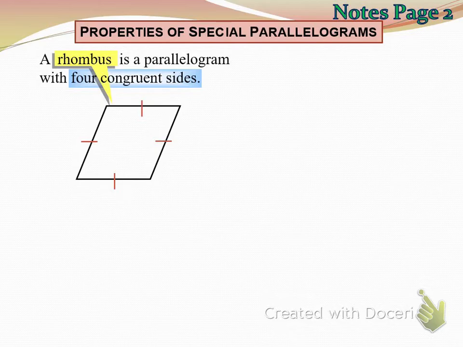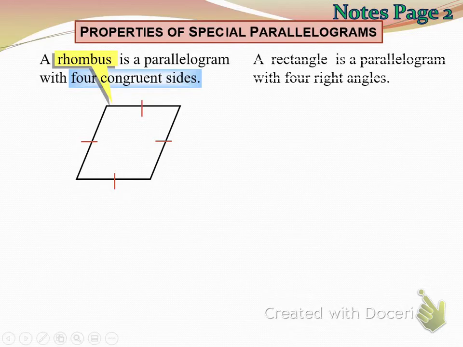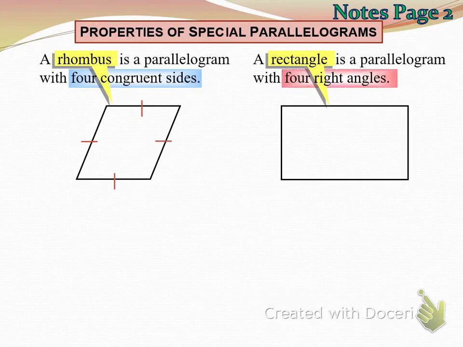The next one is a rectangle. A rectangle is a parallelogram with 4 right angles.